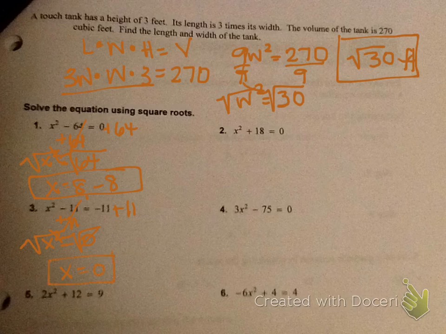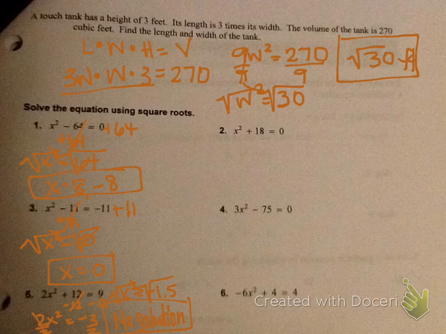And then on number 5, I would subtract 12. So 2x squared equals negative 3, divided by 2. X squared equals negative 1.5. When I square root that, I can't square root a negative, so there's no solution. It's not factorable, it does not cross the x-axis.